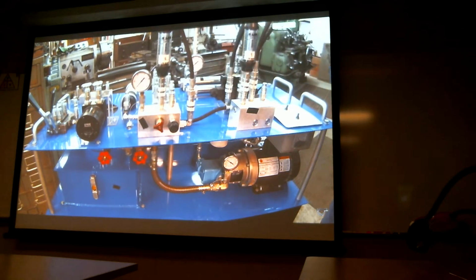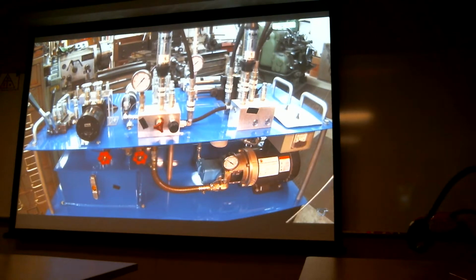Make sure you have a good breather, because that's your number 1 ingression point for all the foreign materials coming into your system. And by the way, contamination is the number 1 cause of failure in all hydraulics. So if you can protect your system from getting contamination in it, you'll be miles ahead, okay?